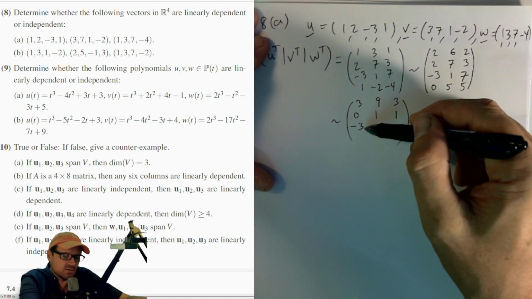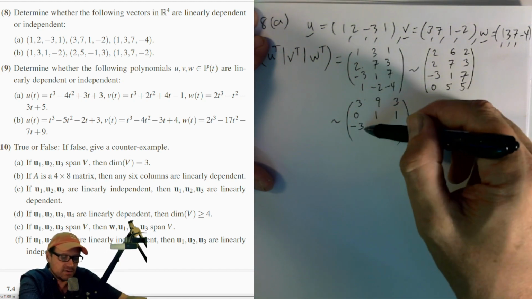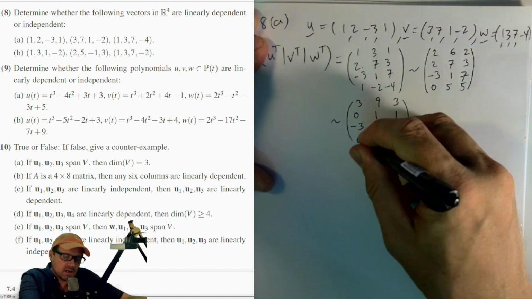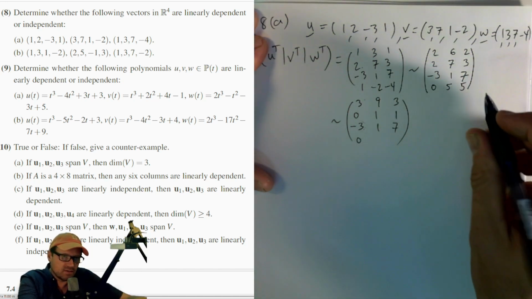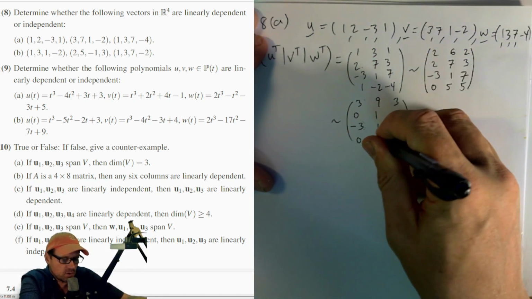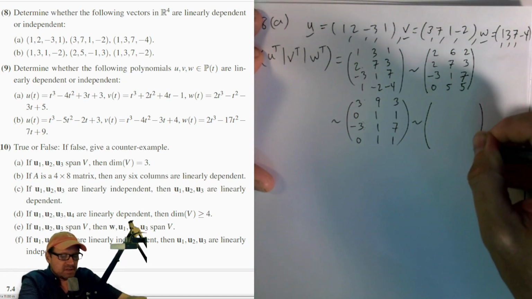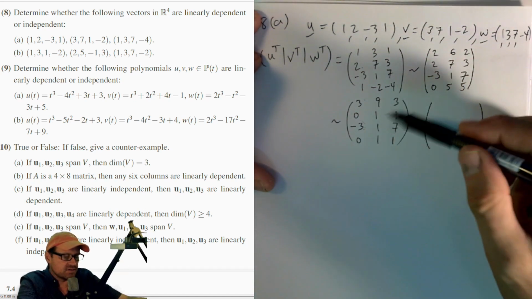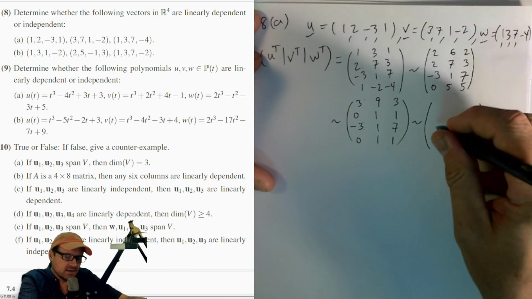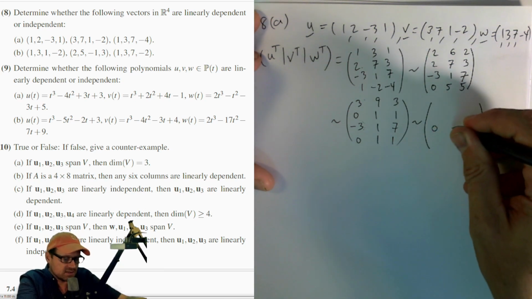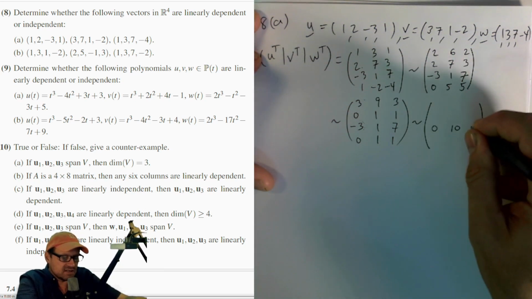In the next step, I want to deal with these two so we get a 0 here. Let's replace row 4 with 1/5 of row 4, so 0, 1, 1. Next, let's replace row 3 with row 1 plus row 3. So we have 0, 9 plus 1 is 10, 3 plus 7 is 10.